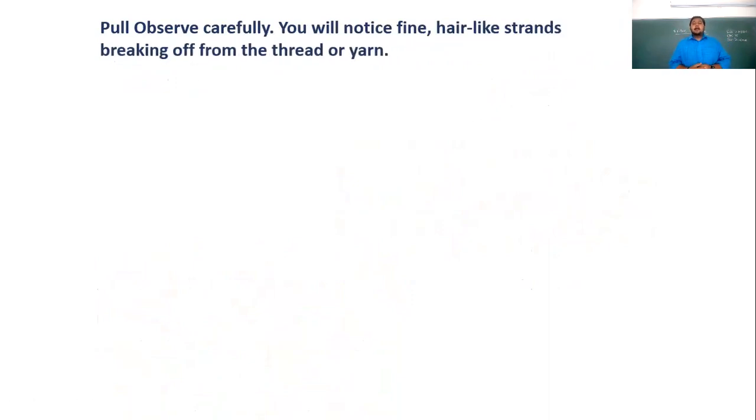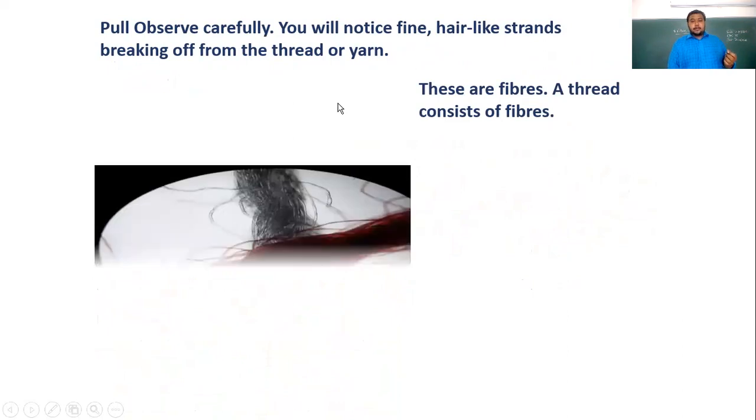You will notice that fine hair-like strands are breaking up from that thread or yarn. Thread is nothing but a yarn. These hair-like strands are called fibers, and thread is made up of fibers only.